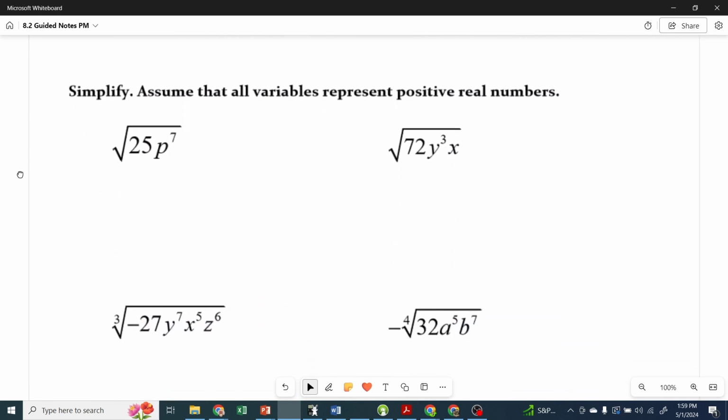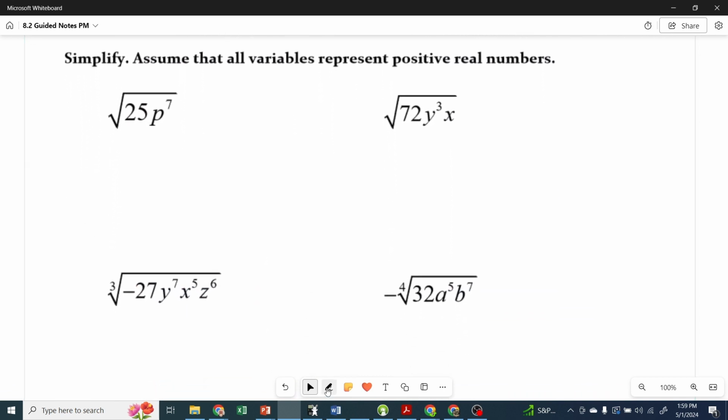Okay, now we're going to get a little more in depth with this. And what we want to do is break it into pieces. So the first thing I'm going to do is break the square root of 25. Then the biggest even number that can be taken out of 7 is 6, right?